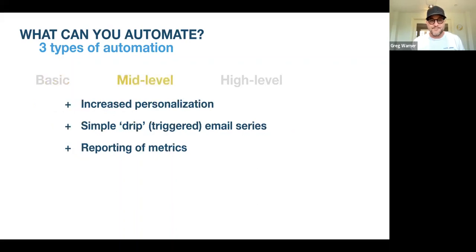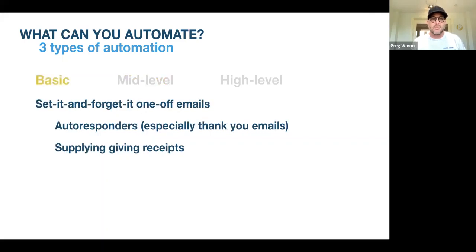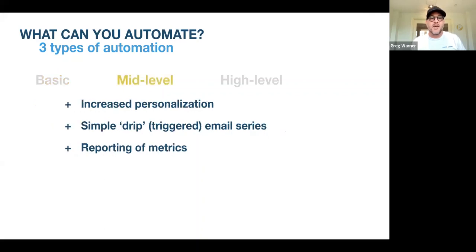Everybody does it. What mid-level automation does is it adds a component of increased personalization to those basic set it and forget it kind of emails. And there could be some simple drip or triggered series or sequences, as some call it.